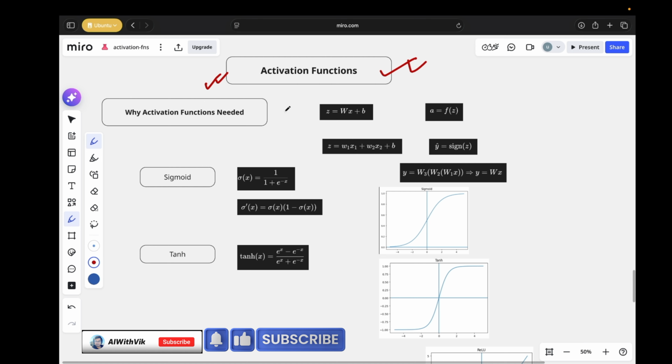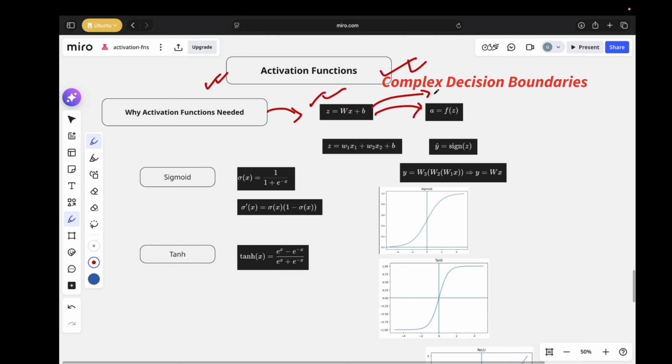So basically, in neural networks, weights perform a linear transformation that you can see here. Now, this linear output cannot model complex patterns on its own. So activation functions are applied on top of these linear transformations, to transform the linear signals into complex decision boundaries.